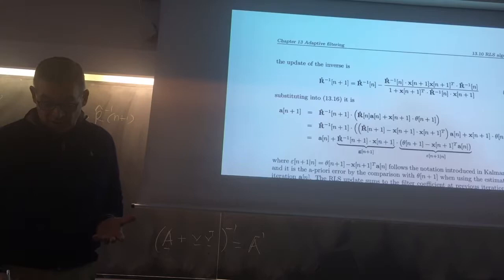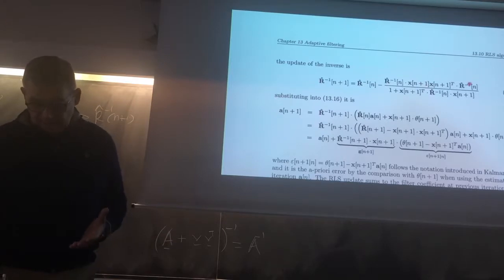Here I have R hat minus 1 multiplied by xn. If I compute this first, it is a matrix times a vector, so this involves n squared multiplications, and it creates a vector.